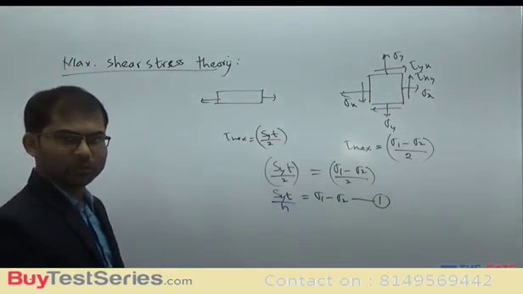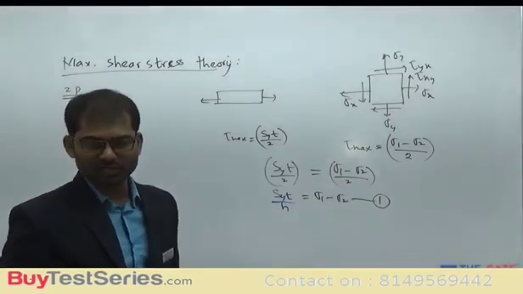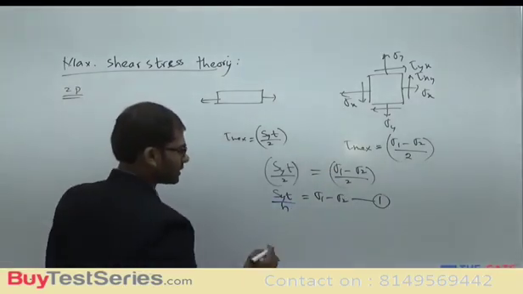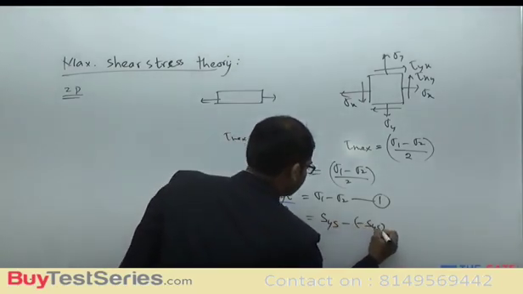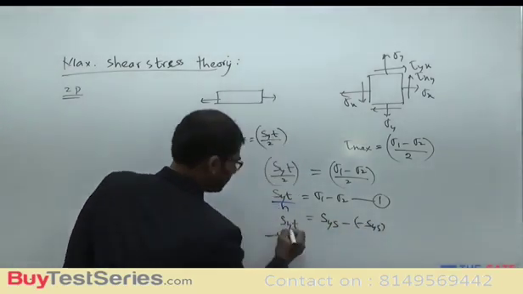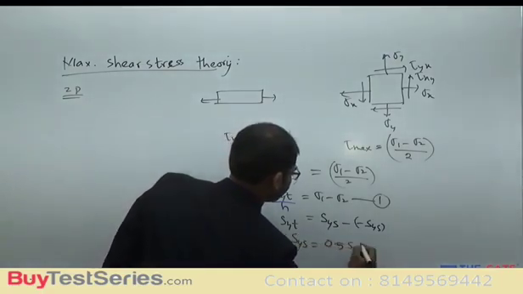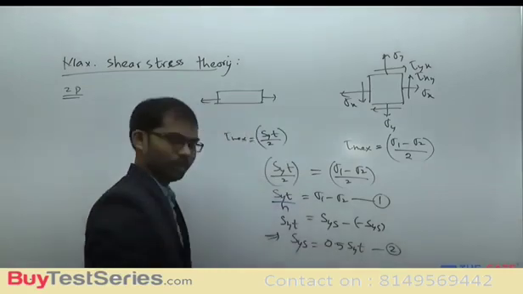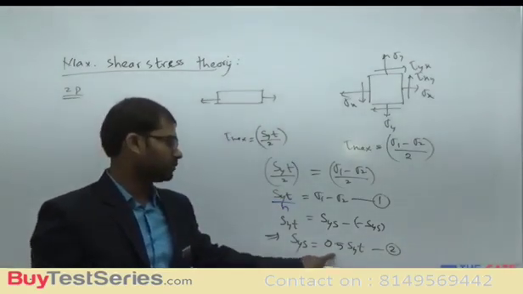Now to derive equation number 2, we have to substitute sigma 1, sigma 2 in terms of the pure shear case. So sigma 1, sigma 2 in the pure shear case is nothing but sigma 1 is SYS and sigma 2 is minus SYS, equal to SYT. If you simplify this, this will become SYS is equal to 0.5 SYT. It is equation number 2. In the earlier theory of failure, we got SYS is equal to SYT, but here it is 0.5 SYT.